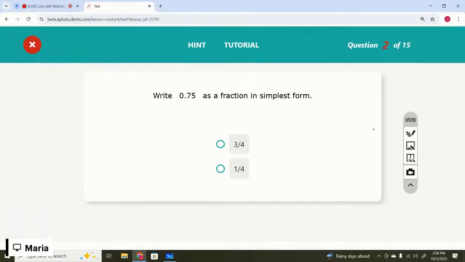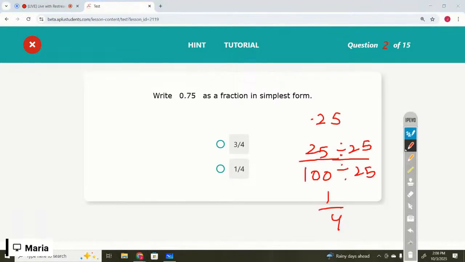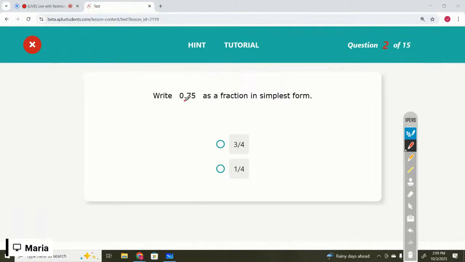Write 0.75 as a fraction in simplest form. So how do we write it in the fraction? The first thing is remove the decimal point. So we have two digits after the decimal point, so it would be 75 over 100, with two zeros for the two digits after the decimal point. Got it? So now let's just divide them by the greatest common factor. The greatest common factor is 25. Let's divide both the numerator and denominator by 25.